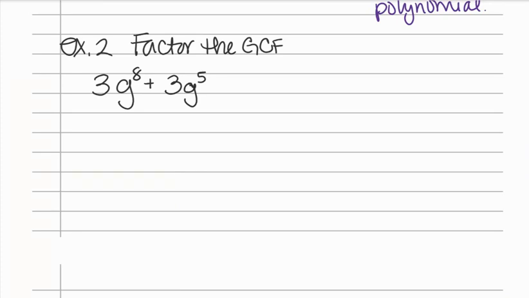Okay, so refer to the steps we just wrote. Step 1 was to list our factors, right? So our factors of 3g to the 8th would be 3 times g, and we're going to repeat the g 8 times.